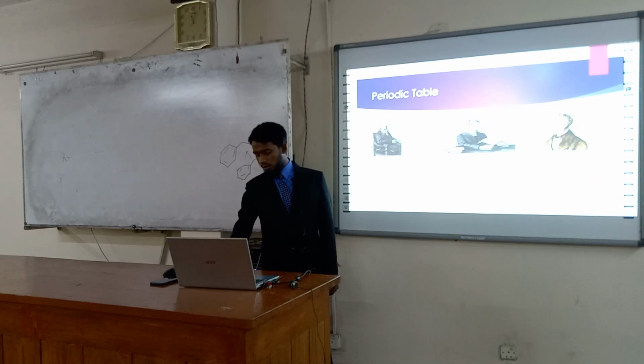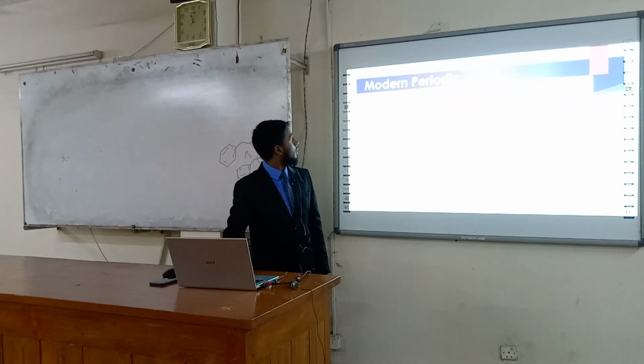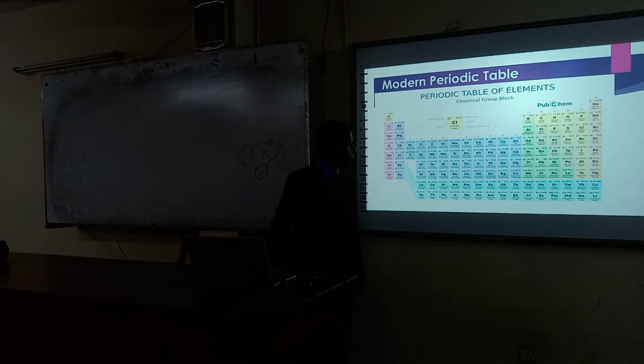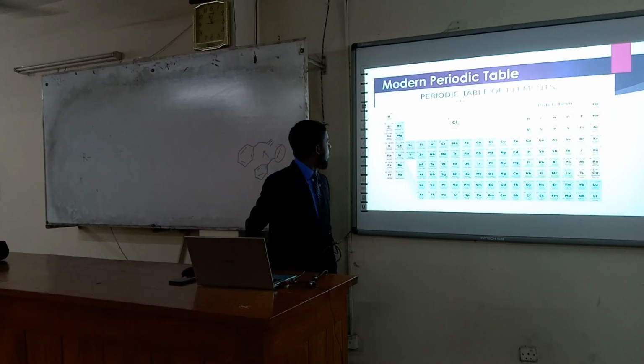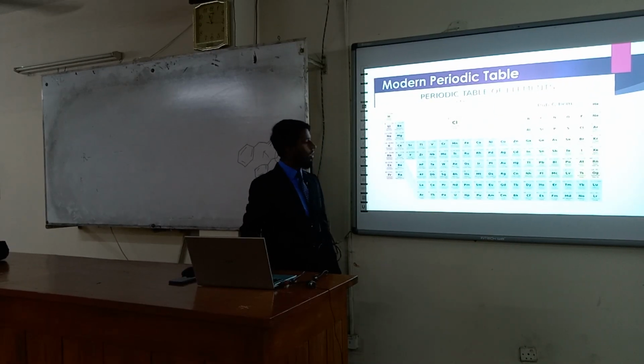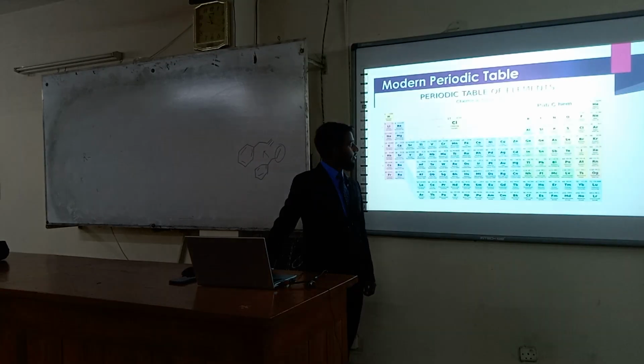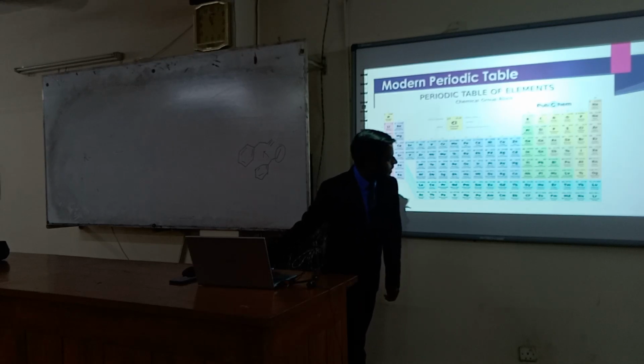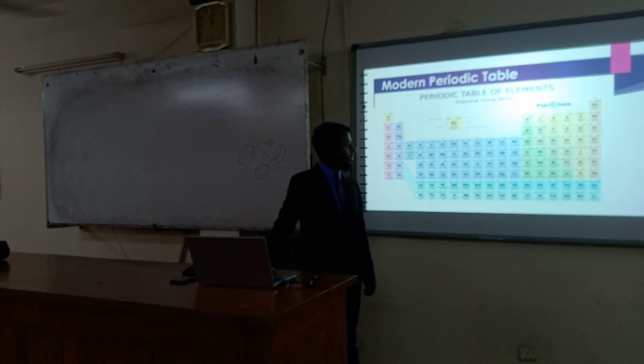Then we will learn about the modern periodic table, where on the left side of this table we can see the metals, and on the right side the non-metals, and in between we can see a line: boron, silicon, germanium, arsenic, antimony, tellurium.